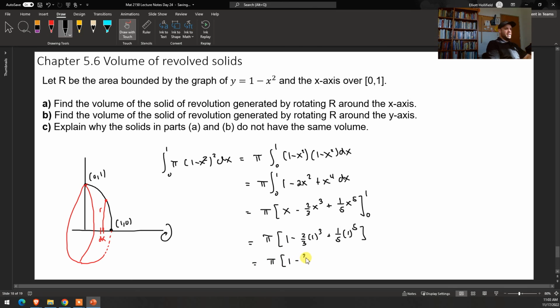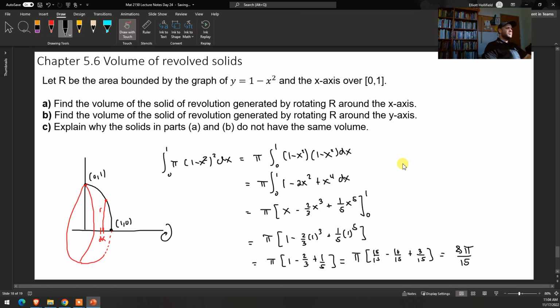So we get 1 minus 2/3 plus 1/5. Now we can find a common denominator. Looks like our common denominator will be 15. It's 15 over 15 minus 10 over 15 plus 3 over 15. So that 15 minus 10 is 5 plus 3 is 8. We get 8 pi divided by 15.